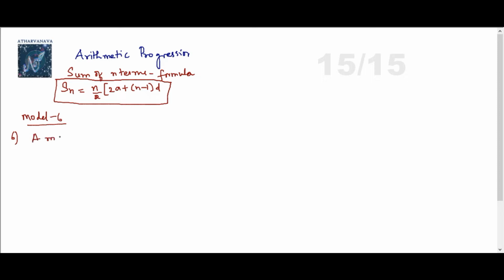A man repays a loan of rupees 3250 by paying rupees 20 in the first month.